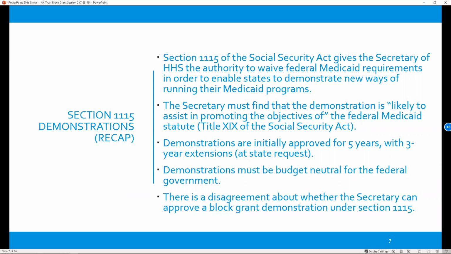If I could add, and I certainly agree with all of the points that Andy has made, including the disagreement about the length and breadth of the Secretary's authority. But I would add, again, the words in quotes, likely to assist in promoting the objectives.